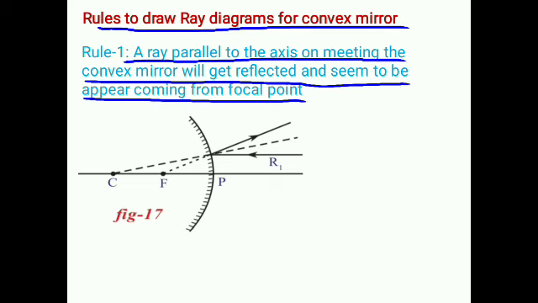This ray 1, parallel to the axis, on meeting the mirror will get reflected and seem to appear coming from the focal point.